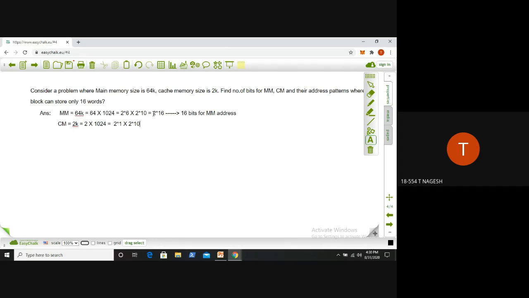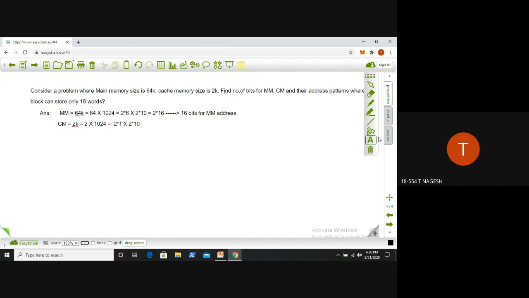We are least bothered about this number of bits here, because based on the main memory address only, we are mapping onto the cache memory. So as the number of bits for the main memory address is 16 bits, the same 16 bits will be used to represent the cache memory address, that means the line and all.